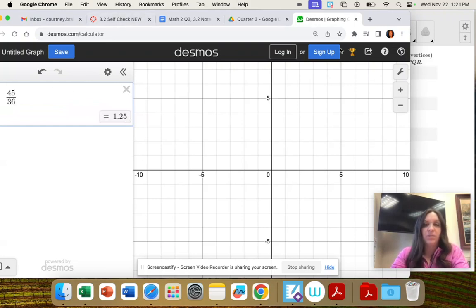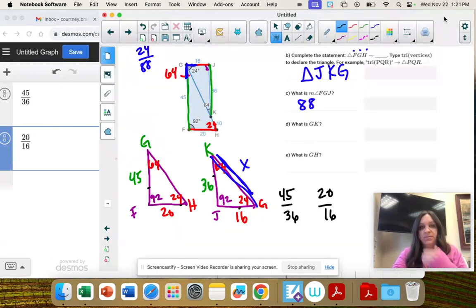My side ratio is going to be 1.25 and 1.25. So now I need to figure out how am I going to determine this side length, not using the Pythagorean theorem.